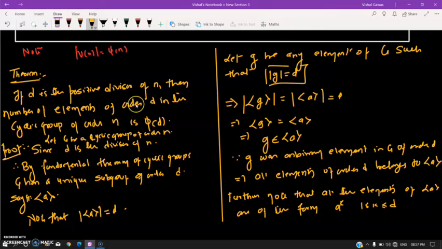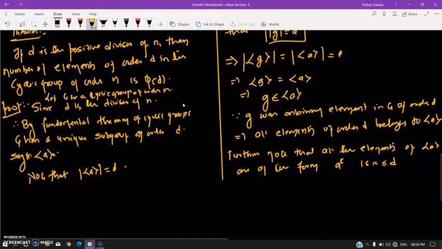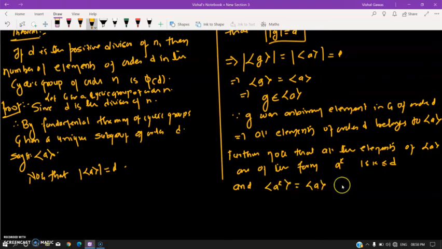And further, a raised to k is the same as the subgroup generated by a if and only if GCD of k and d is 1.